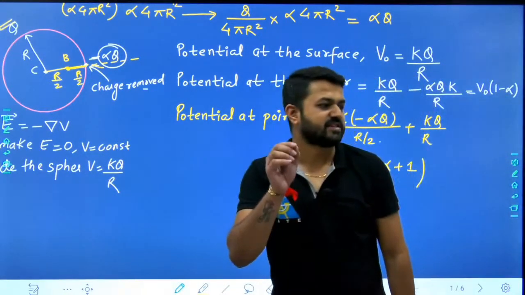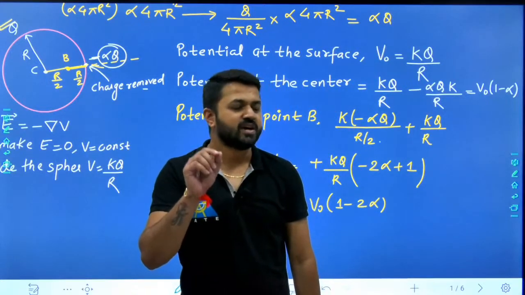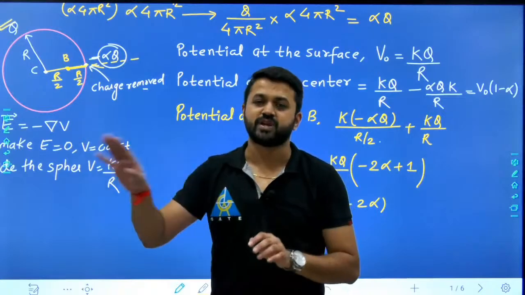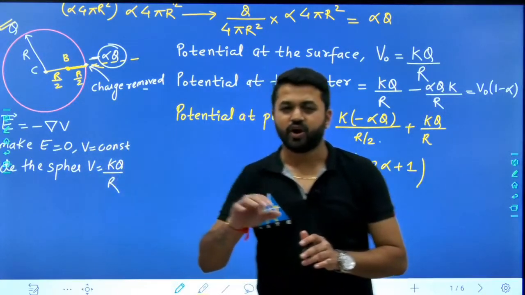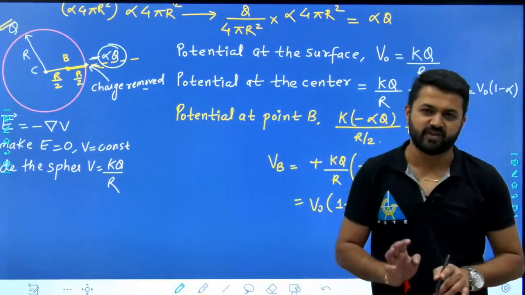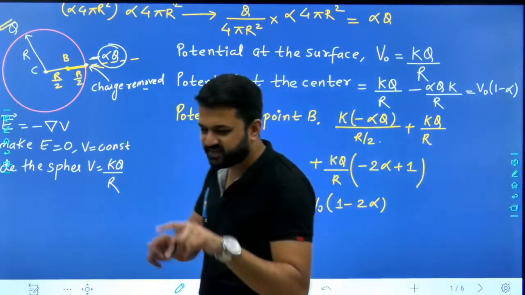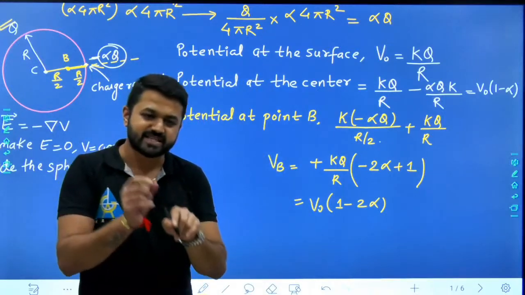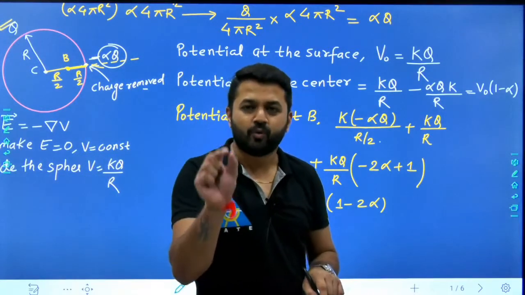Yes, Vishwanathan, the total effective charge will be q times 1 minus alpha. If you remove that particular charge, or when you make a hole, the total charge will be q times 1 minus alpha. So we are calculating the potential because of the sphere, and we are considering that hole as a point charge. Why?